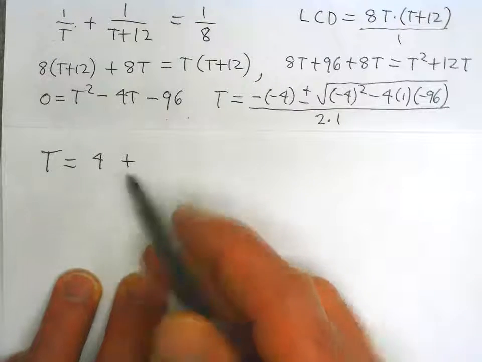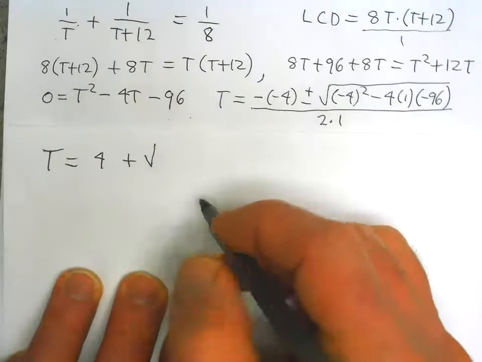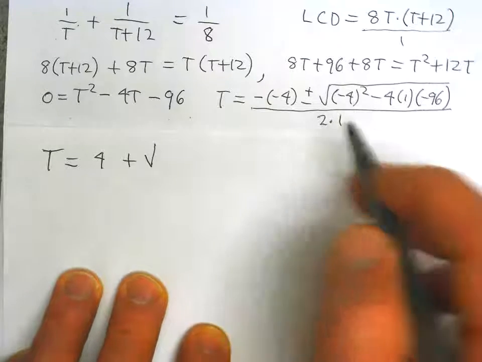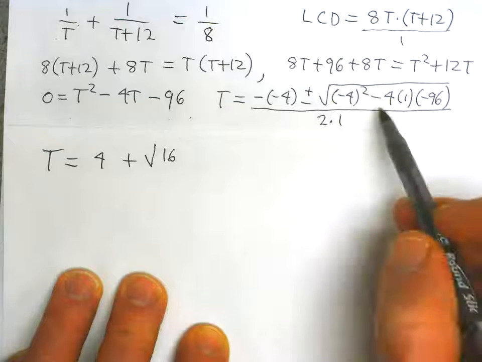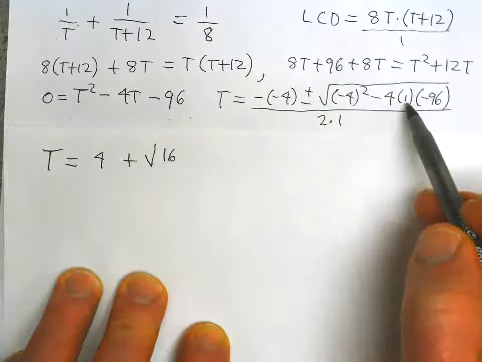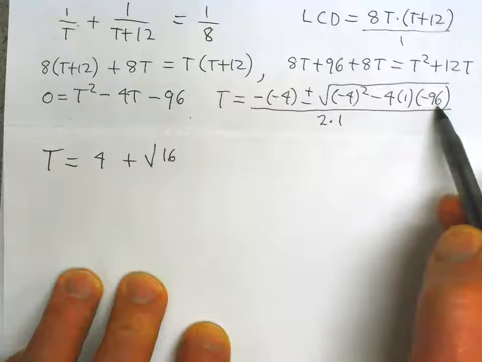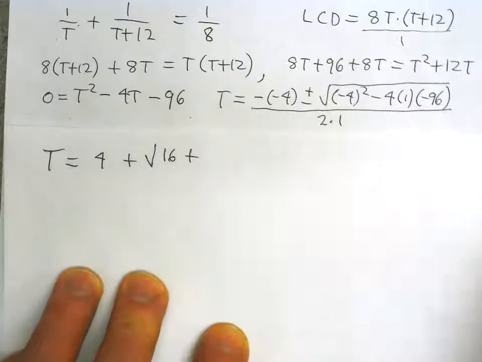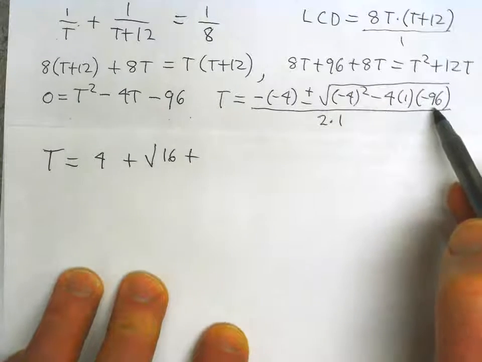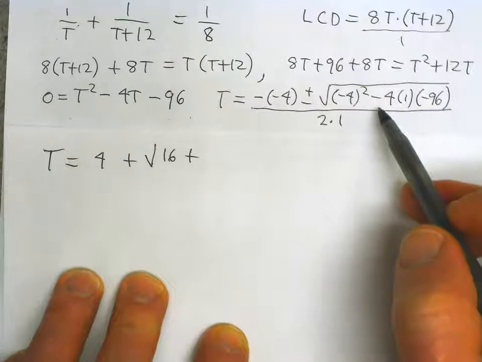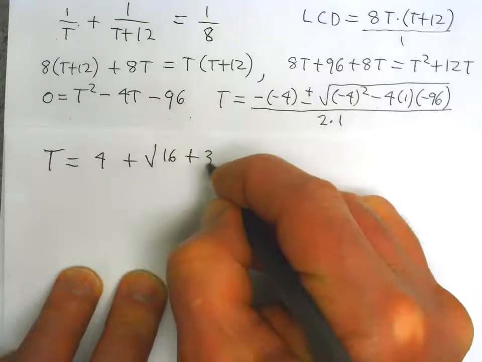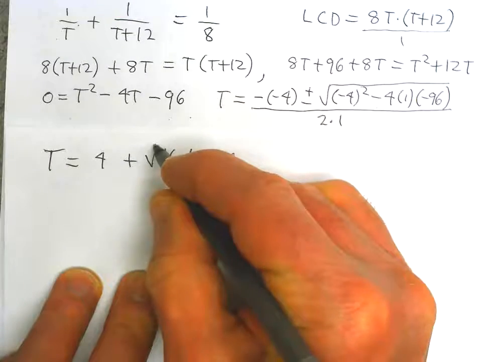And then inside the square root, the number negative 4 squared is 16. And we're subtracting 4 times 1 times negative 96, which is equivalent to adding 4 times 96. But 4 times 96 is just positive 384.